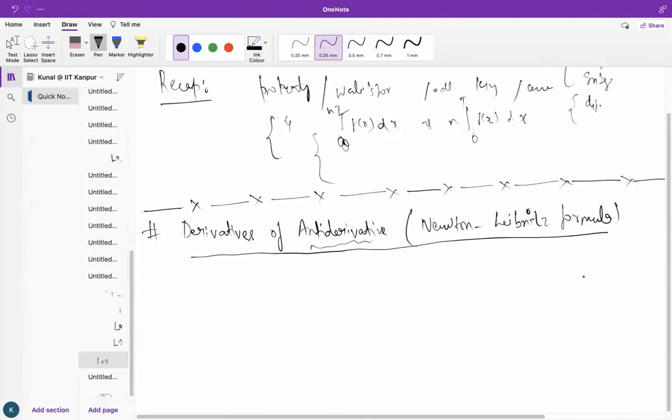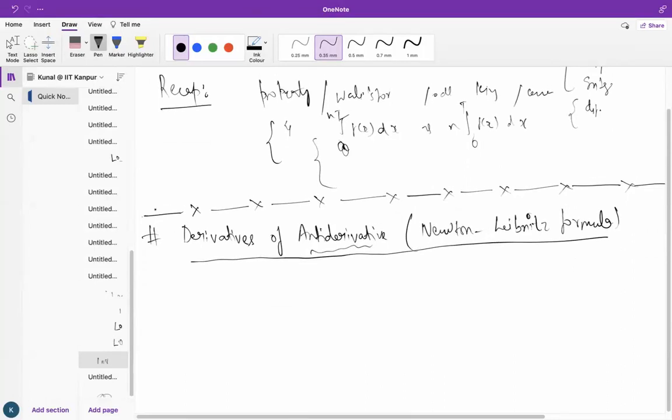So let me write its formula first, so we can connect to its name as well. Why is it called the derivative of antiderivative? Let me write the formula here. It looks like d by dx of the integral from phi of x to g of x of f(t) dt.